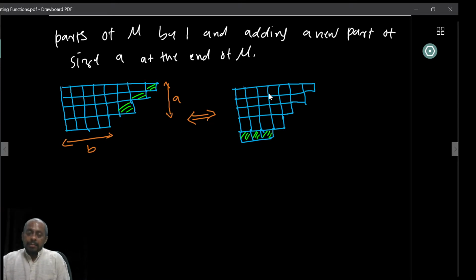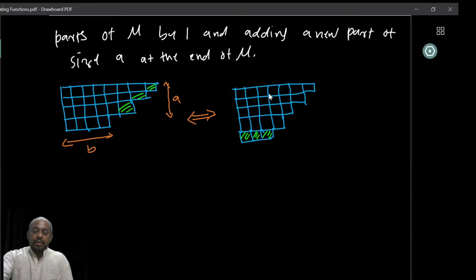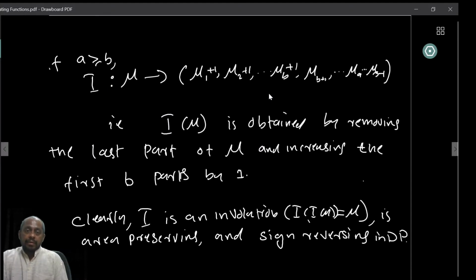Now, on the other hand, if A is greater than or equal to B, then I takes mu as follows: I add 1 to the first B parts and remove the B from there. The last part mu S is equal to B, I remove that, and to the first B parts I will add 1.